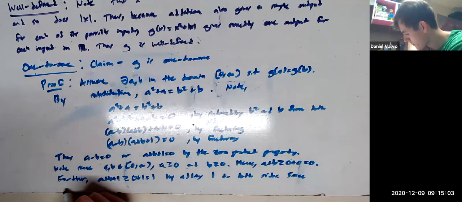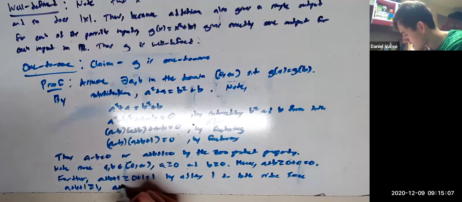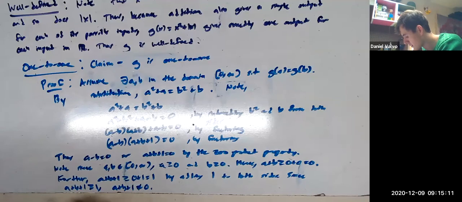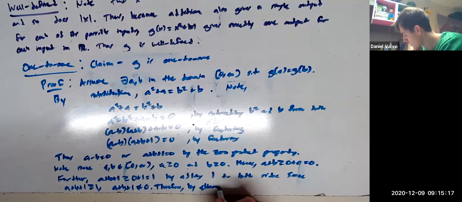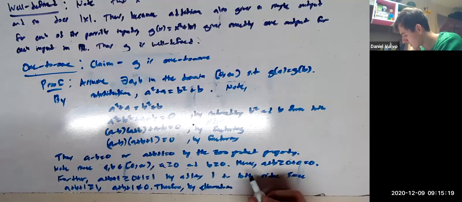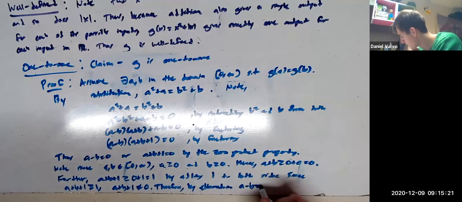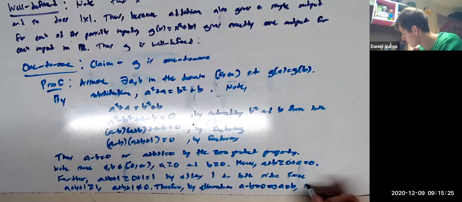Then since a plus b plus 1 is greater than or equal to 1, it certainly cannot equal 0. Therefore, by elimination, a minus b must equal 0, which implies a equals b.